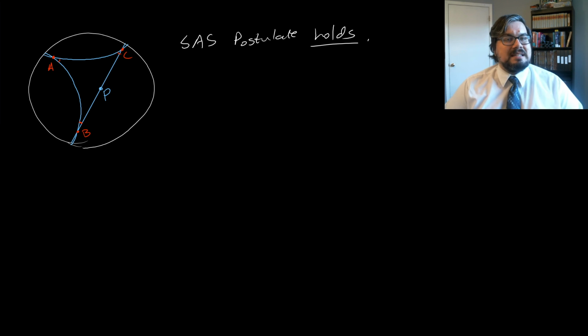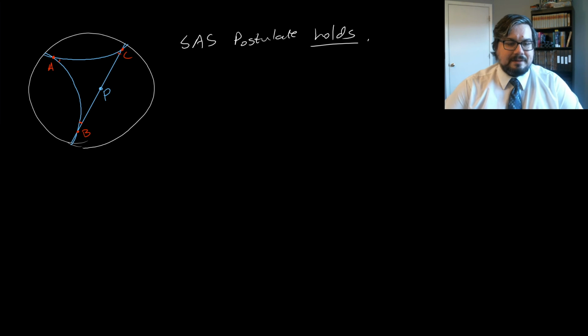We don't have similarity at this point because remember that we only defined similarity after we were working with the parallel postulate, which we aren't working with here. Now, proving that the side angle side postulate holds is fairly complicated, so we won't do that here. We'll sort of take it for granted.